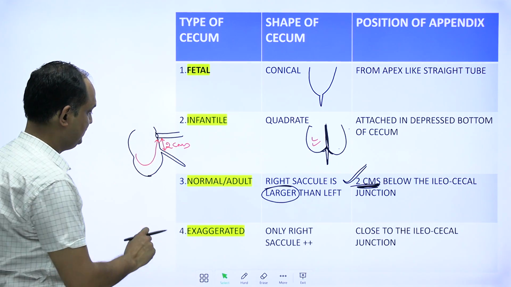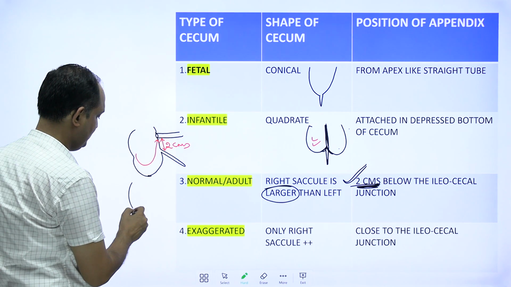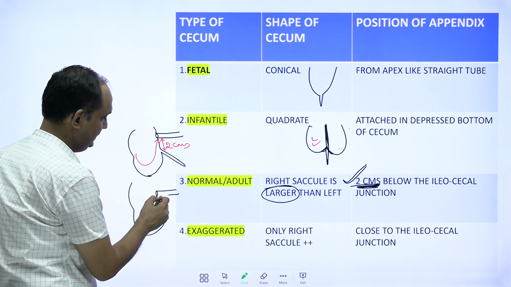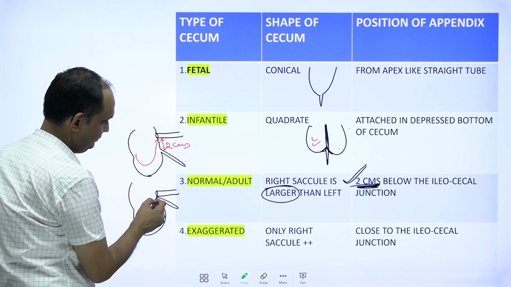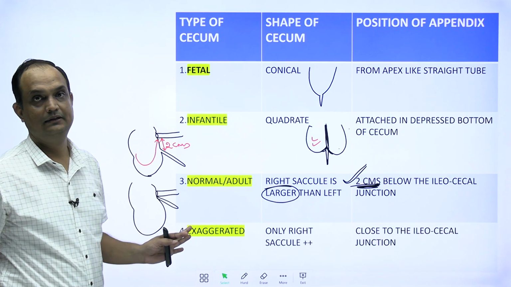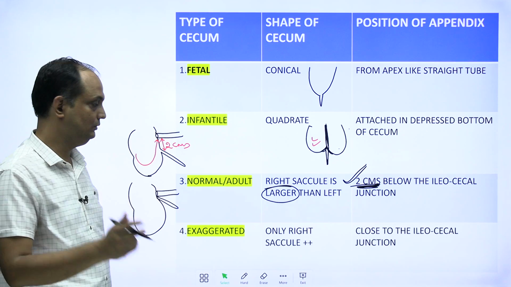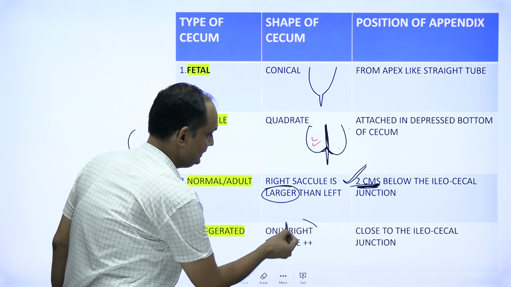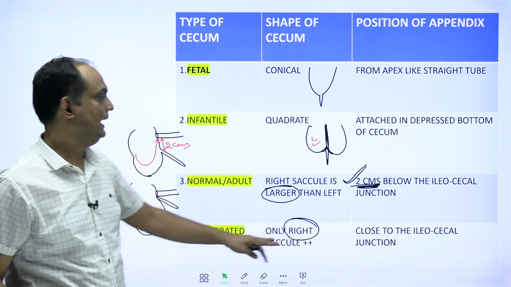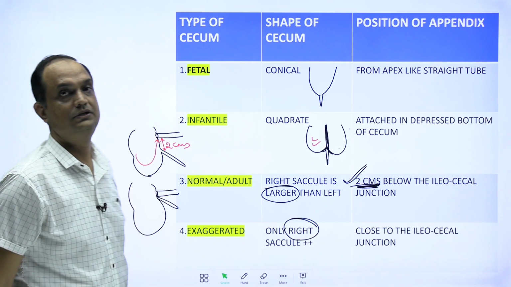So what will be the picture then? You have this type of cecum where you have the opening of the ileum and near to that you have the appendix. So this is the exaggerated. In this exaggerated type, you have only one saccule, that means only the right part of the cecum, the left almost disappears, and the appendix comes very close to the ileocecal junction.